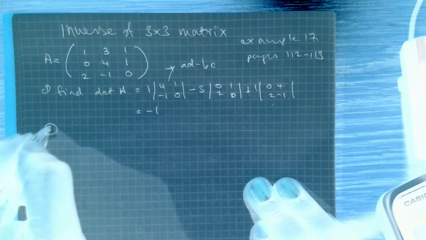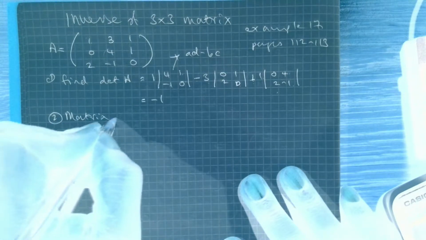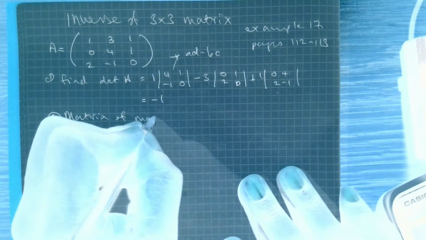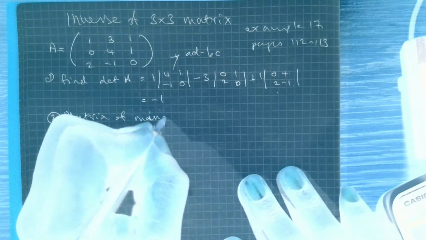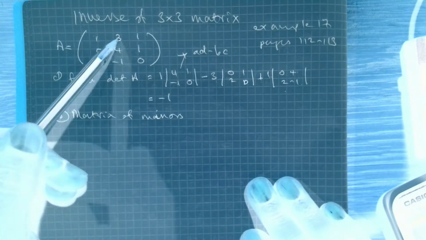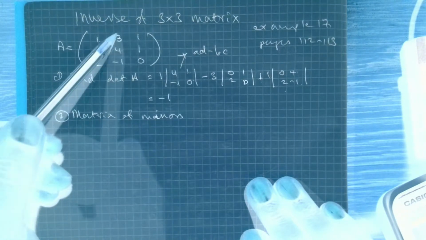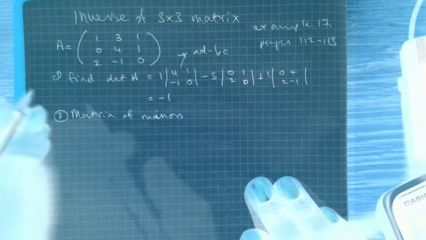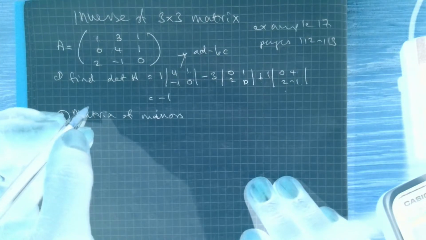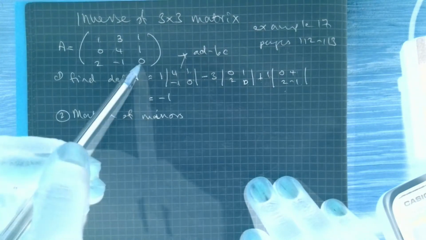Step number 2, we need to do something called the matrix of minors. This basically means we've just found the minors of these 1, 3 and 1. We need to do that for every single element in that matrix, and it's going to look quite big because we're going to have 9 minors in here.